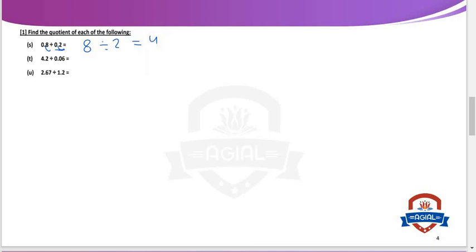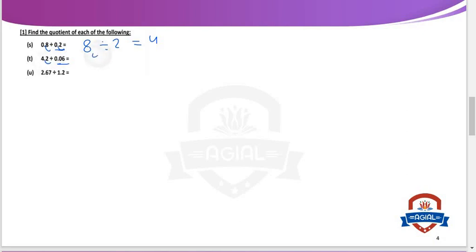Is this easy? Okay. Letter T. 4.2 divided by 0.06. Can we divide? No. At first, the divisor must be a whole number. But here, the decimal point is after how many digits? Super, 2 digits from the right to the left. So we will multiply the divisor and dividend by, excellent, 100. 4.2 multiplied by 100, the decimal point moves to the right 2 digits. 1 digit and what?